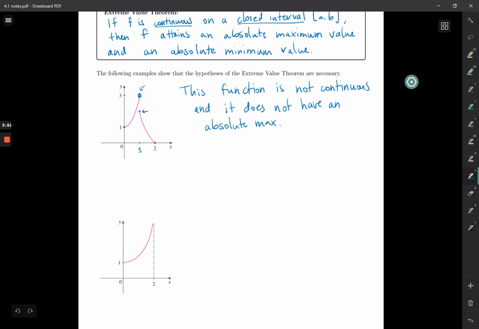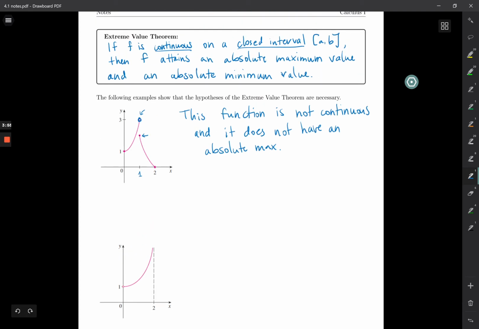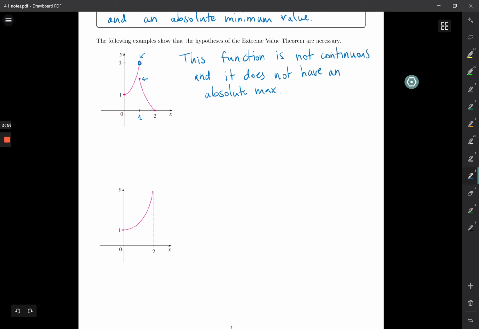Okay, and then this next example has to do with the closed interval. So here we have a function that is defined on an open interval. See that at the left-hand side of this interval, this is a function defined on, well, the interval 0 to 2, but it does not include 0 because we have an open dot there.